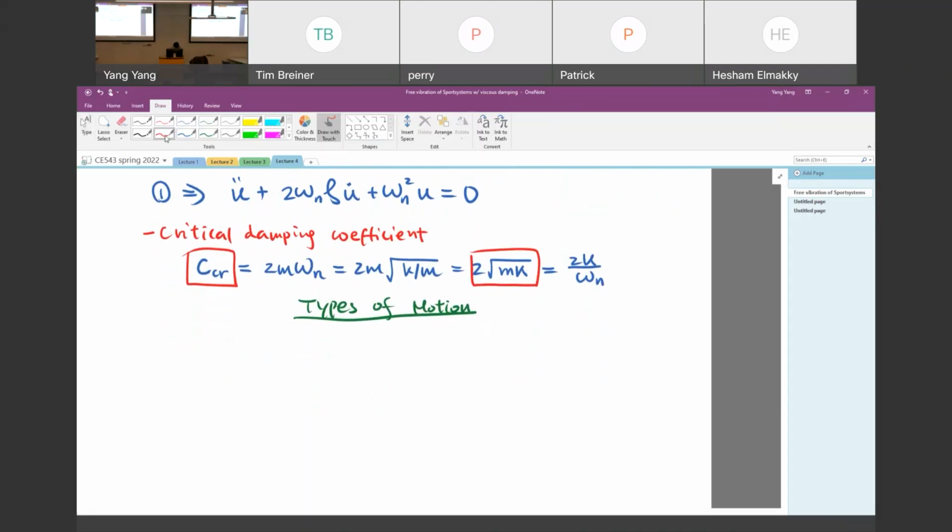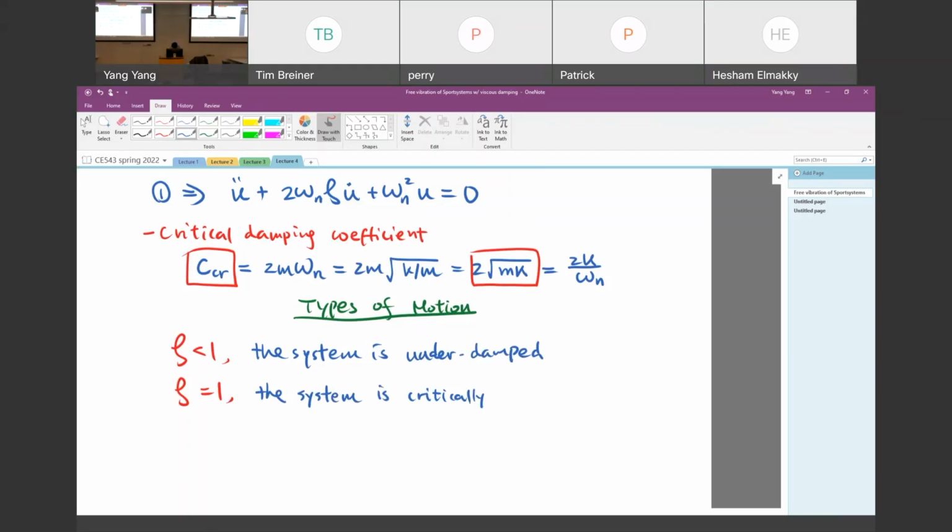When the damping ratio is smaller than 1, the system is underdamped.